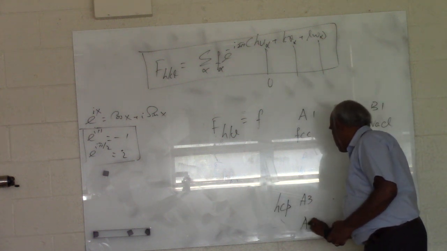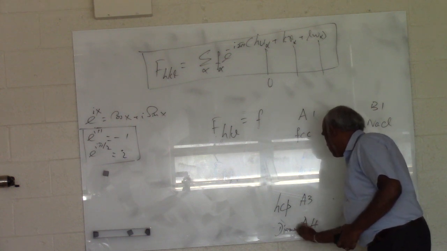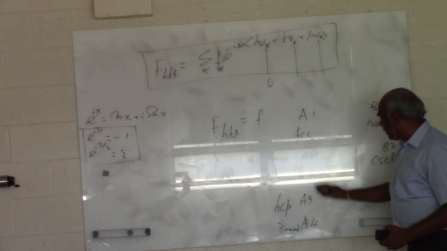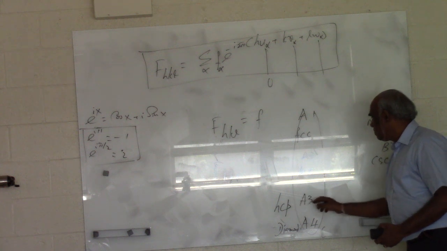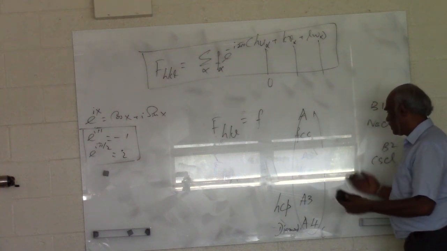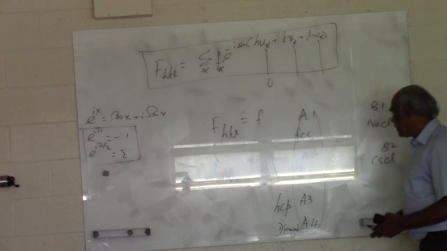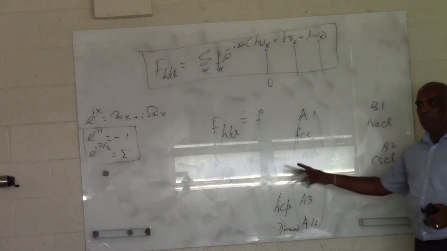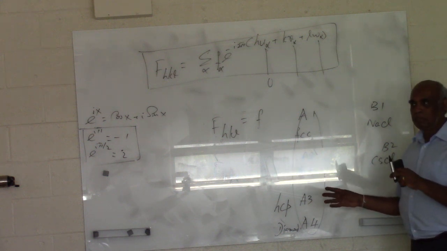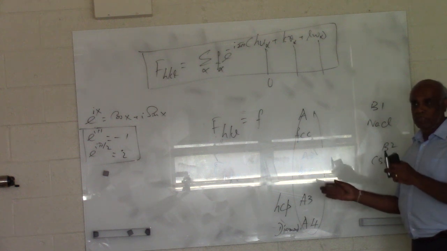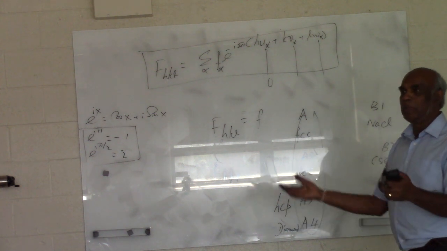Then A4 is more like the diamond structure. Here these are all the same atom. Diamond is all carbon, HCP can be some same-material HCP structure. But anybody remember HCP, if you have different atoms, what do you call it? Wurtzite, right? For example, gallium arsenide, gallium nitride.